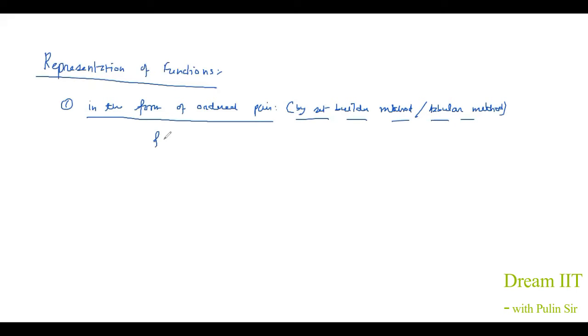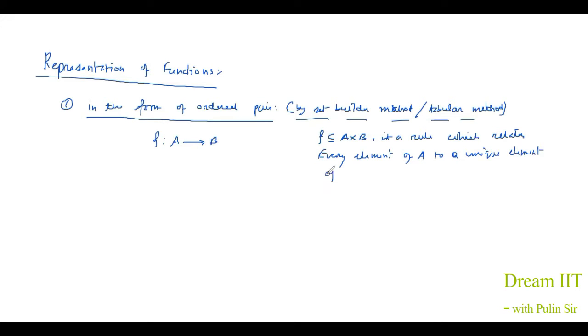Suppose f is a function from A to B. Last day we came to know that in that case f is a subset of A cross B, but be sure that it's a rule which relates every element of A to a unique element of B. This was the thing we got, right?